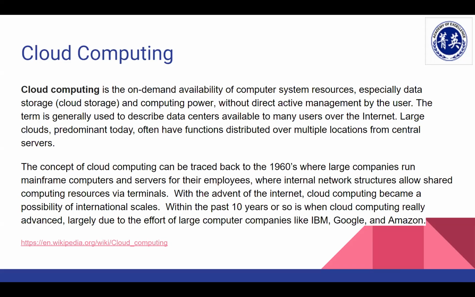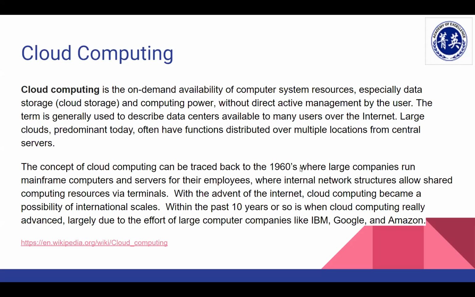So your computer at home becomes more of a terminal than a computer. It requires a certain processing capability on your end, but most of the more computationally intensive stuff is actually done over the internet. With the advent of Wi-Fi and high-speed internet, this became more and more possible.